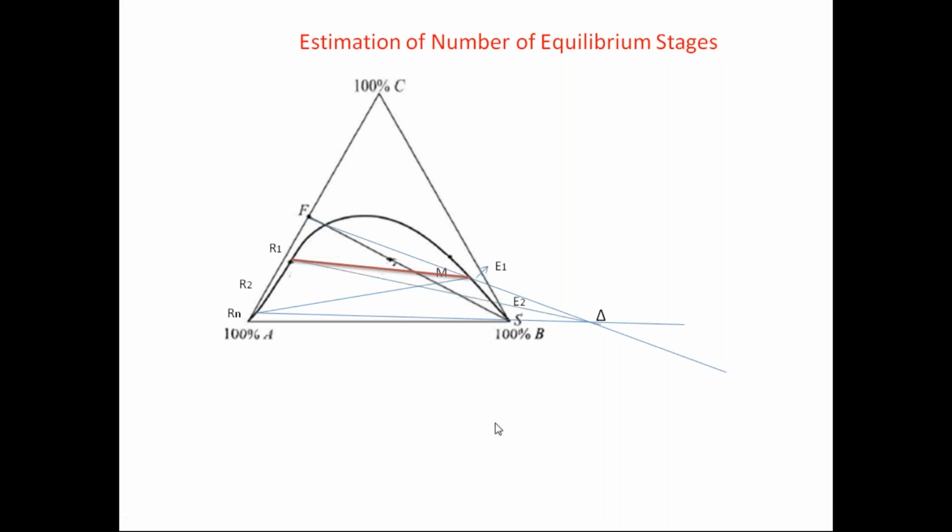Then add R1 and delta so that here you will get the E2. This is the E2 point. From the E2 again you draw one more tie line. Then add these two, and you will get the third stage. So this is how you will get the number of stages. So the total number of stages required to reduce the concentration from xF to xn is 3.